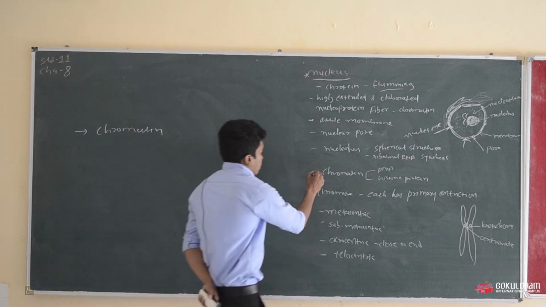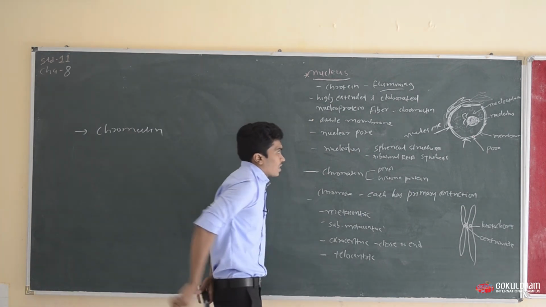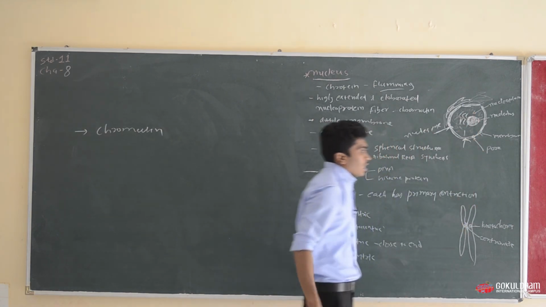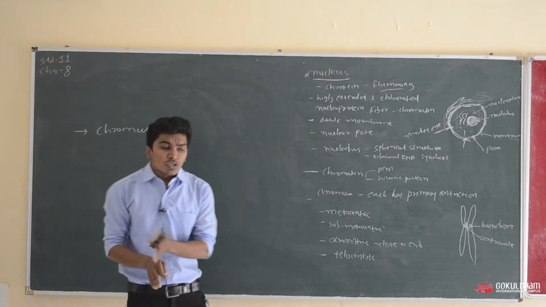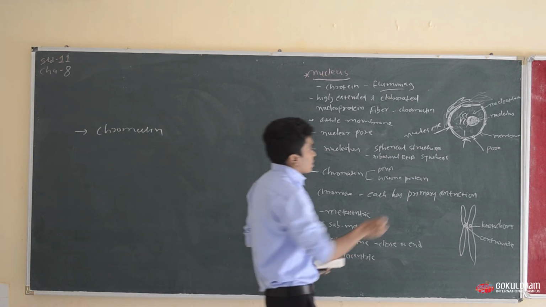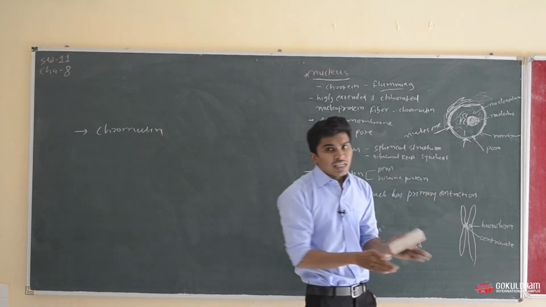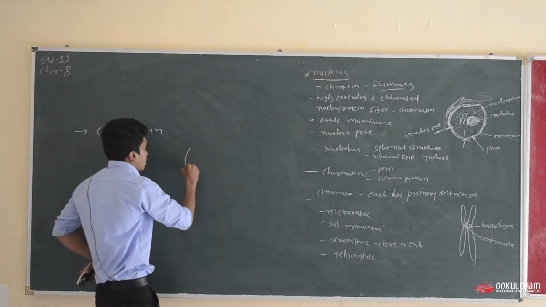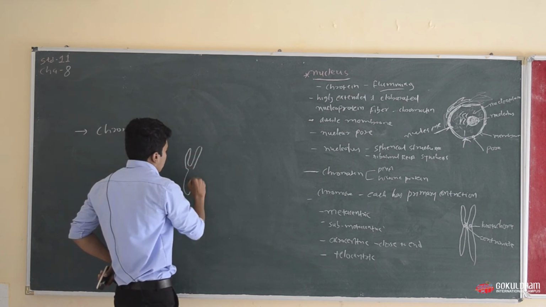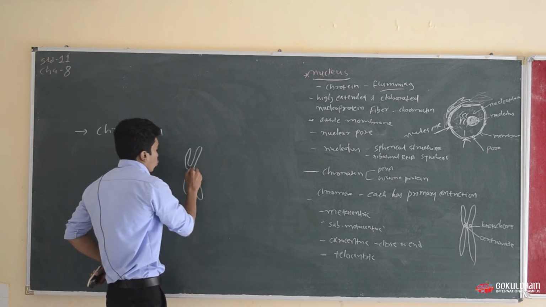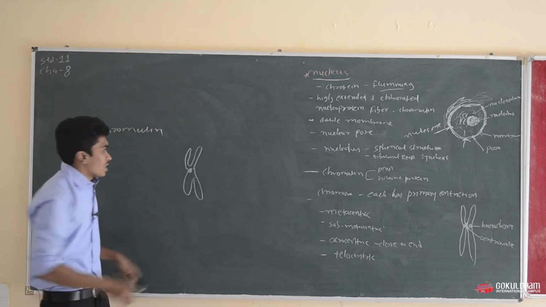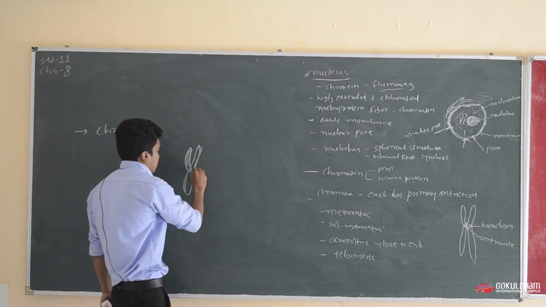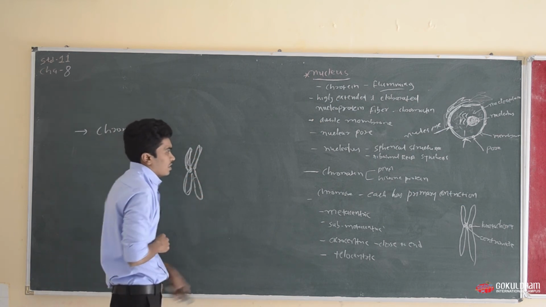Now, during interphase, the nucleus shows chromatin-like structure, but when the cell goes into cell division, the nucleolus and chromatin disappear, and the chromatin forms a structure like this, known as a chromosome. These chromosomes are present in the cell only during the phase of cell division.